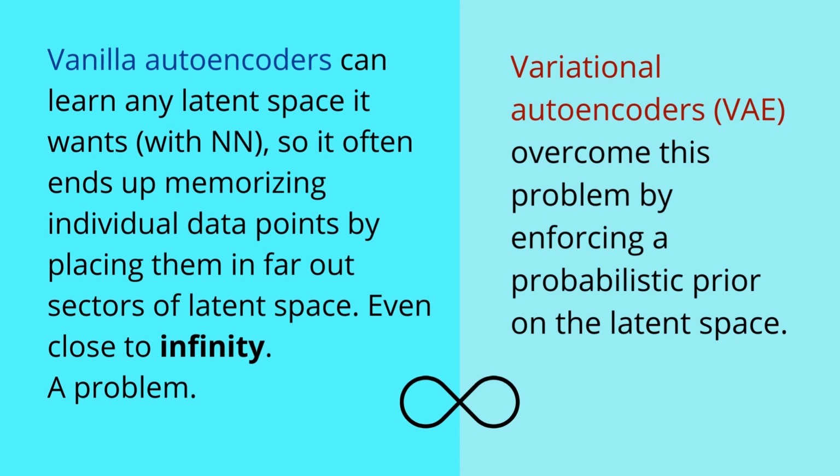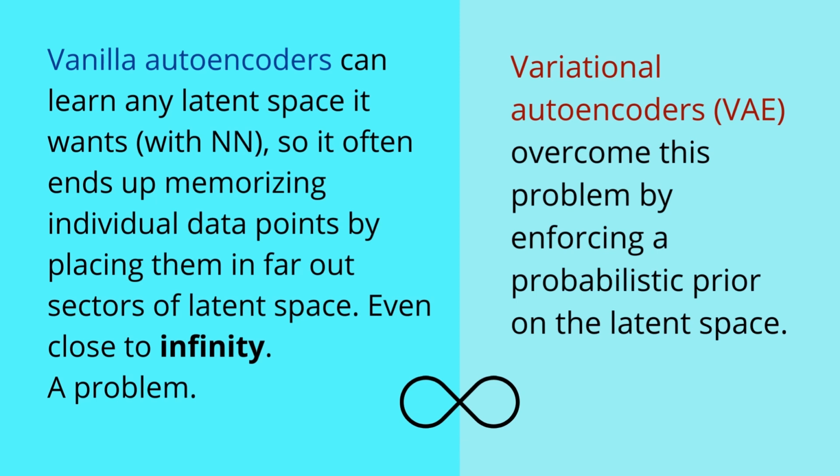So even close to infinity, our algorithm can put our latent data points. So this is, of course, a problem because to compute, we want to have a very close by space. We don't want to tackle problems like infinity.